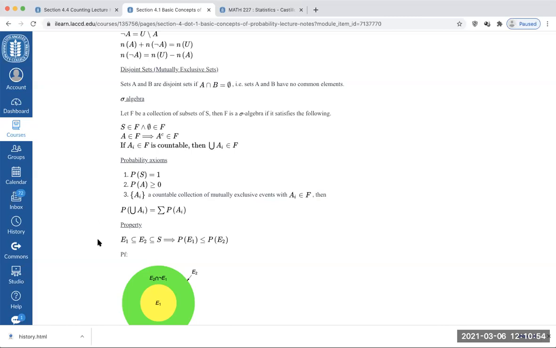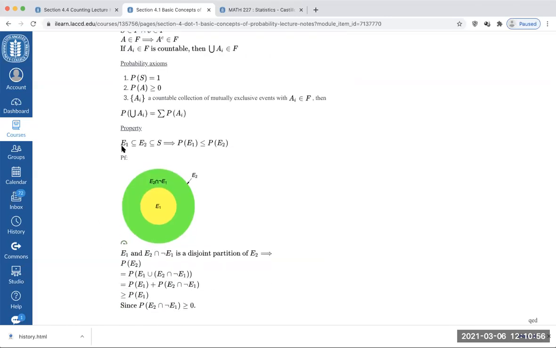So first off, I want to show that if E sub 1 is a subset of E sub 2, which is a subset of S, then the probability of E sub 1 is less than or equal to the probability of E sub 2. So let's partition E sub 2 as follows.